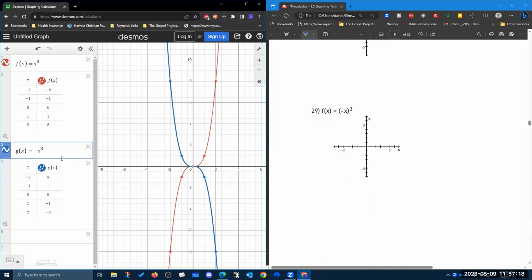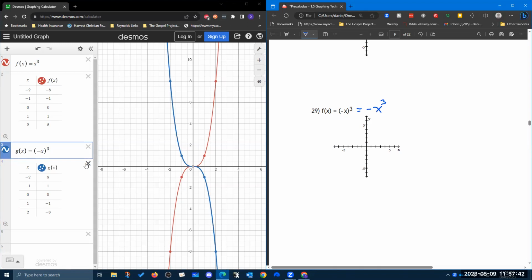Let's try that reflection across the y-axis now with this. Because it's not an even function, we should be able to see a difference here. But it doesn't look any different than what we just did with the negative on the outside, because if I take a negative times a negative times a negative, I'm going to get a negative.